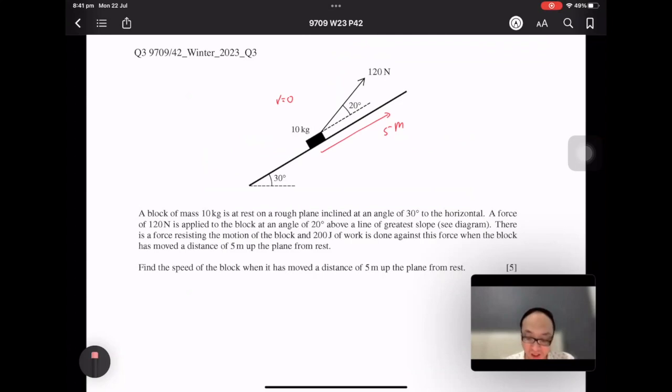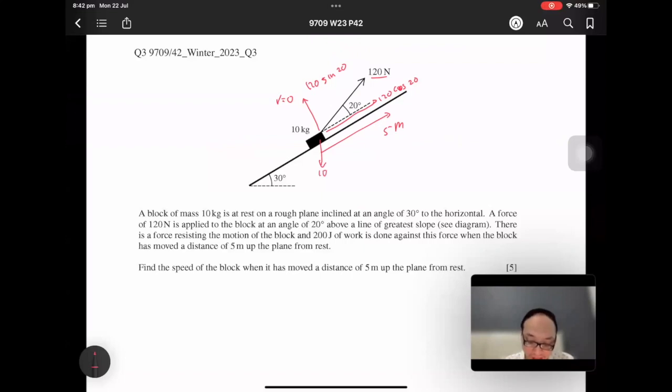So first we can split this 120. So here will be 120 cos 20. This one will be 120 sin 20. And this will be the weight.